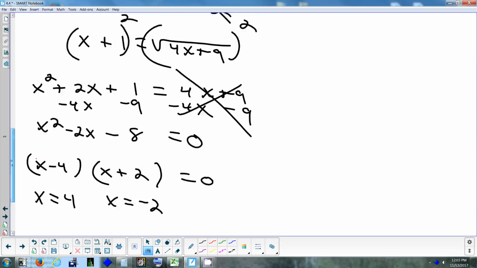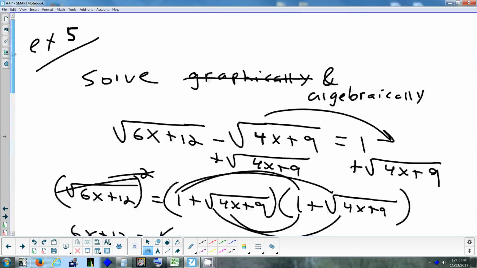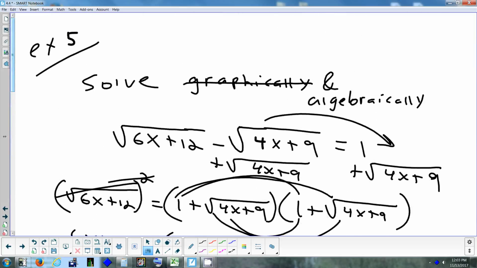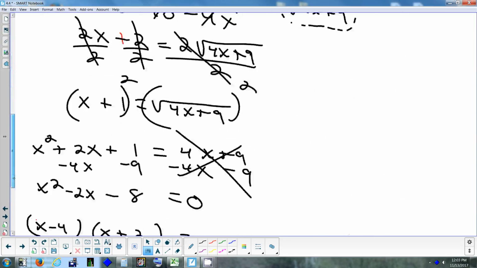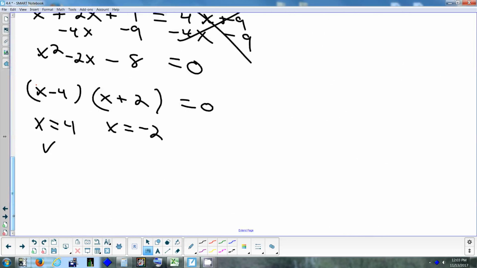Now, I just have to make sure that those both work. Let's check 4. 6 times 4? 24. 24 plus 12? What's the square root of 36? 6. 4 times 4 is 16 plus 9. 25. What's the square root of 25? 5. 6 minus 5. Does that equal 1? Yep. So that one works.